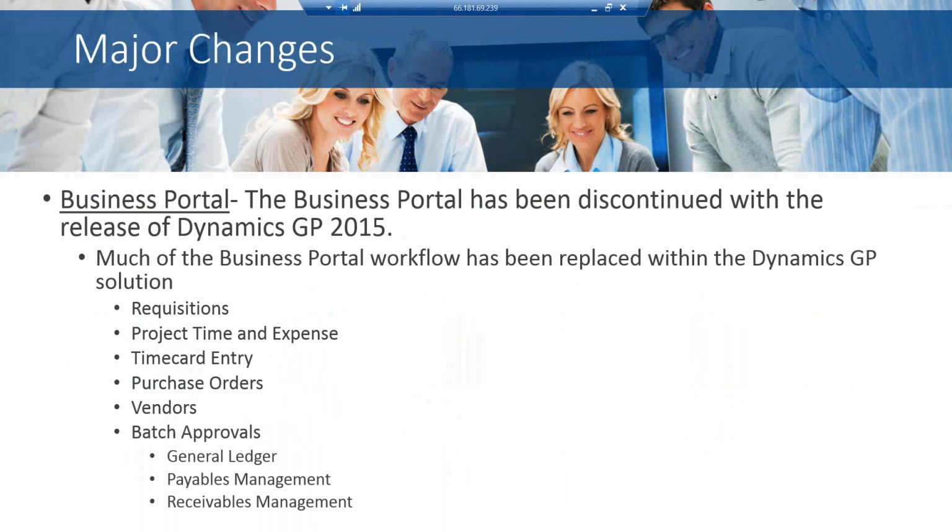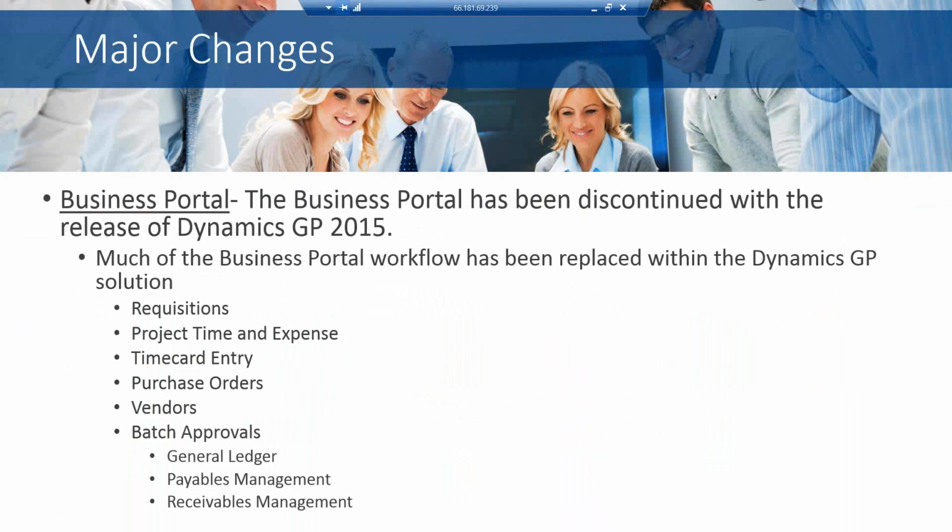So what Microsoft has done is much of that business portal workflow has been replaced with inside the application workflow functionality. And this has actually gotten some very good reviews in regards to the user base that has looked at this and it's considered moving to it.